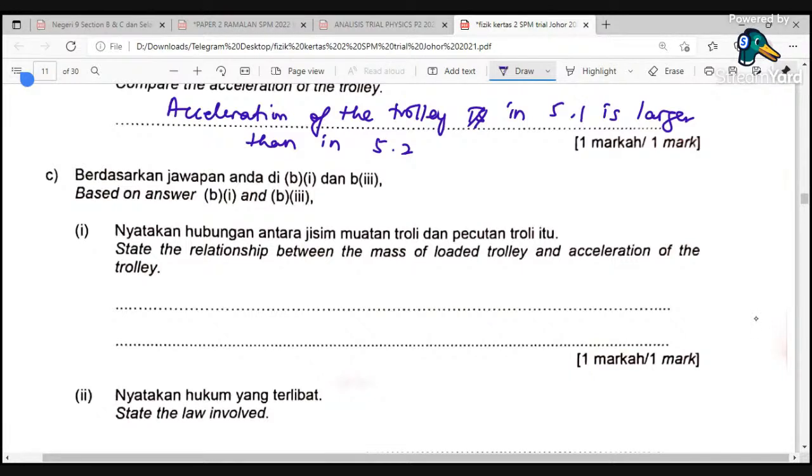The state relationship between mass of loaded trolley and acceleration.